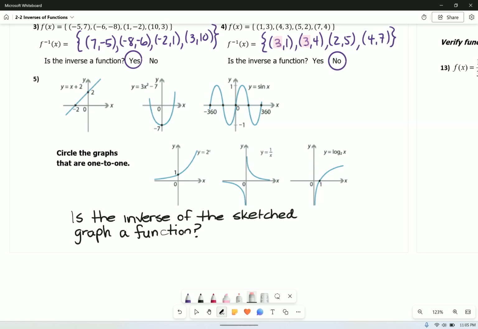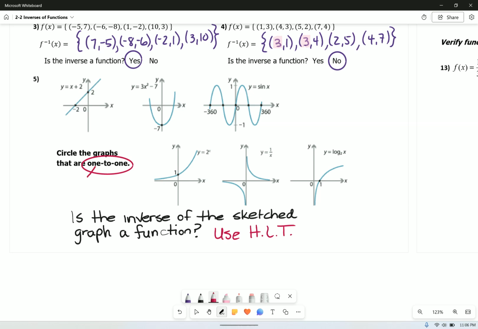So there's a thing that you can use. It's called the horizontal line test. Okay. And if you use the horizontal line test, that will help you determine if the graph inverse is a function. And you don't have to have a picture of the graph of the inverse to determine it. So all you have to do is this. 1-to-1 means the following.